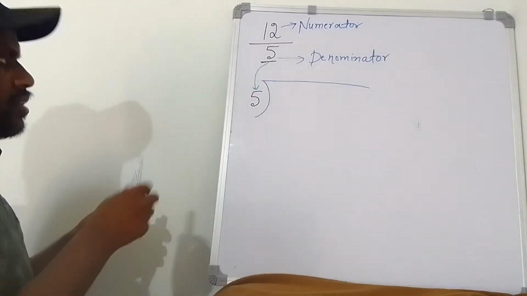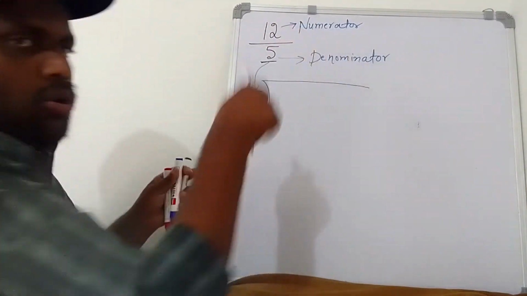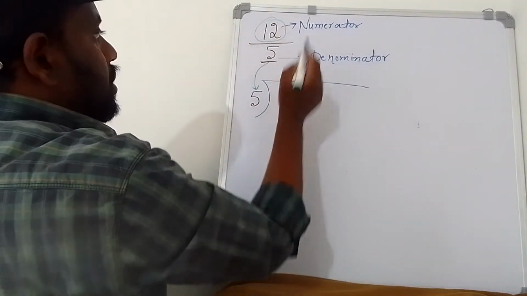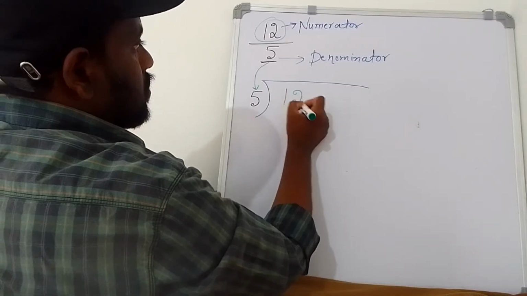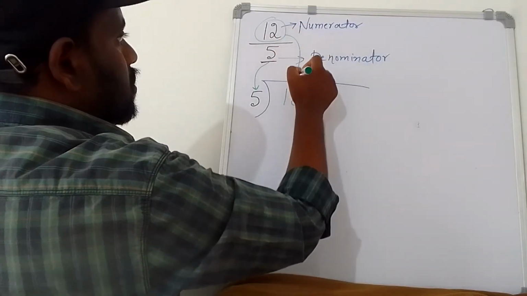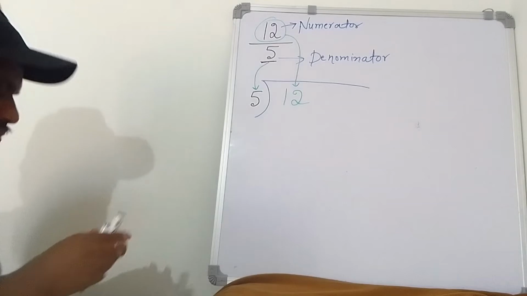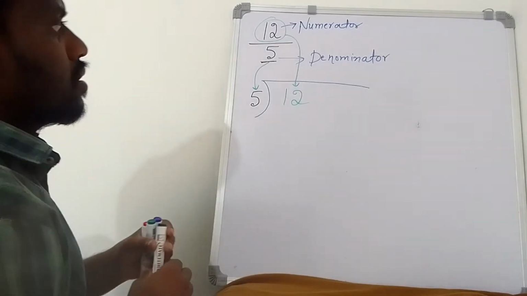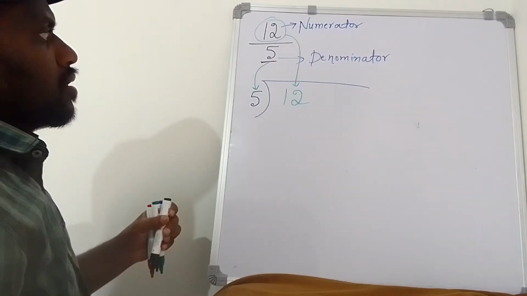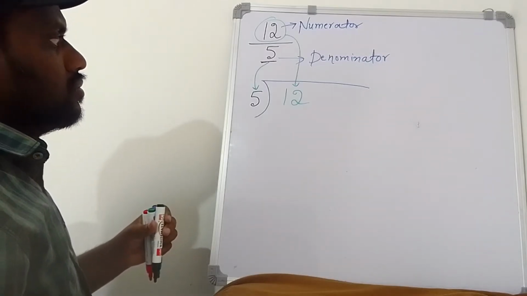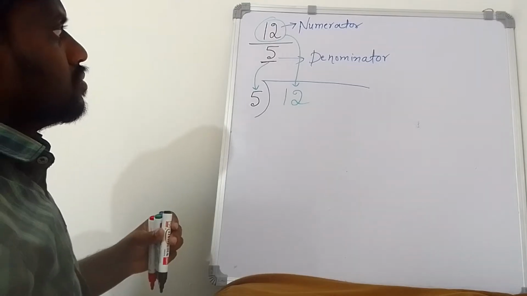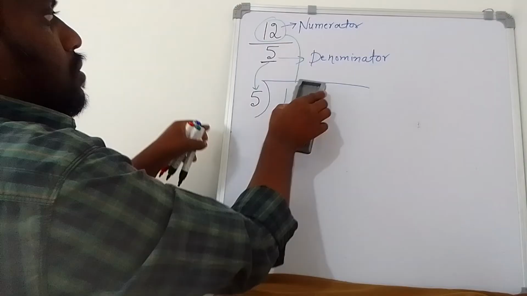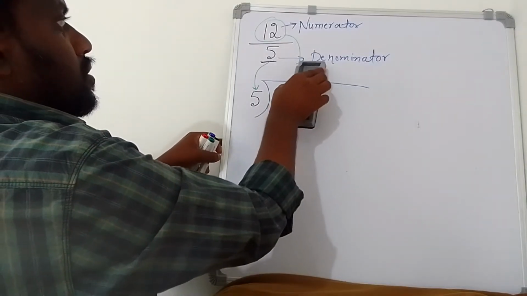In this place, don't write anything now. This 12 you write here. I have to write some numbers here, so I will show the arrow mark in the other direction.